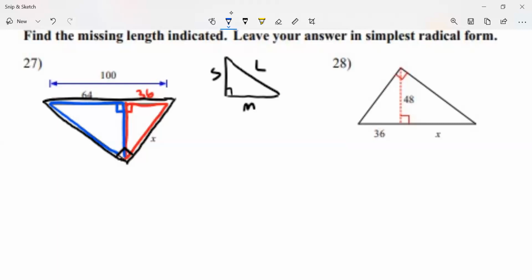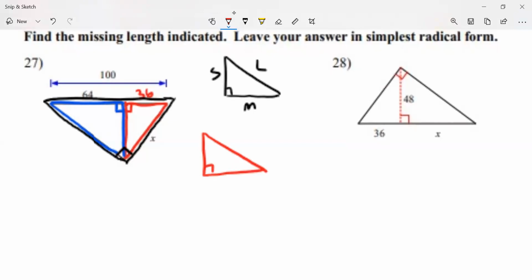Let me use my red triangle because I can see that one side is 36 and I see another side that is x. So I know 2 values of that one triangle. And again, it is okay that I use x. Now I have to identify whether the 36 and the x are the small side, the medium side, or the large side.